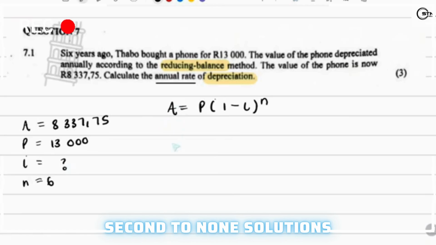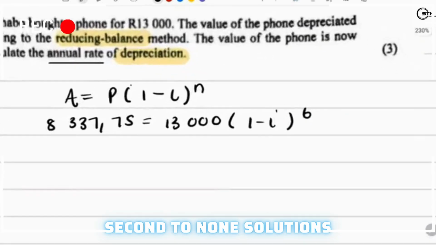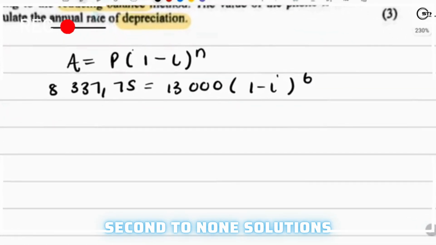Okay, so let's substitute. We're going to say 8,337.75 is equal to 13,000, and then bracket 1 minus our interest, which we're looking for, raised to the power of 6. Now that we have this equation, we have to get to i. Ask yourself, what is stopping me from getting to i right now?